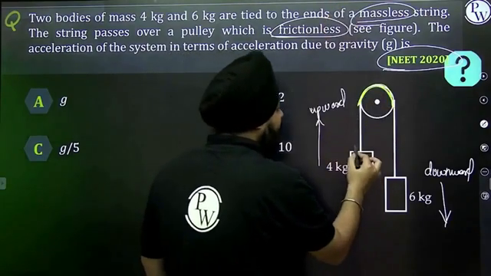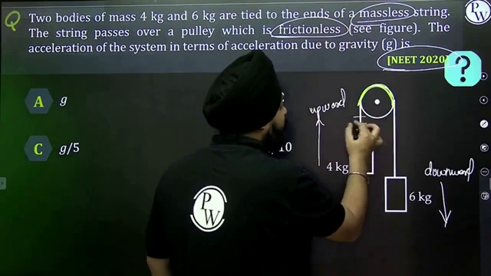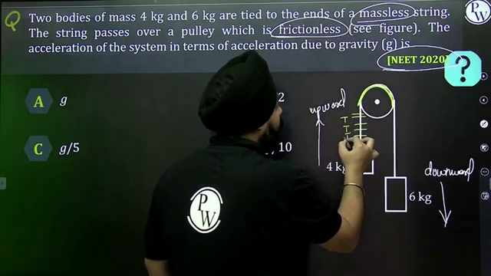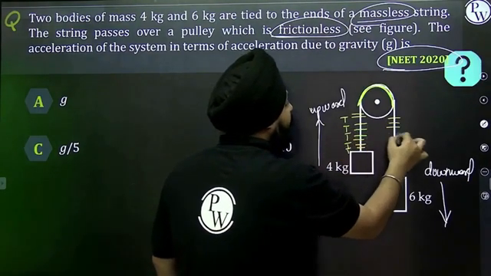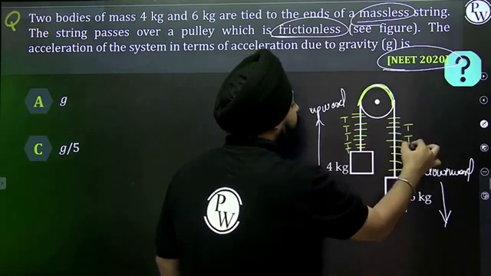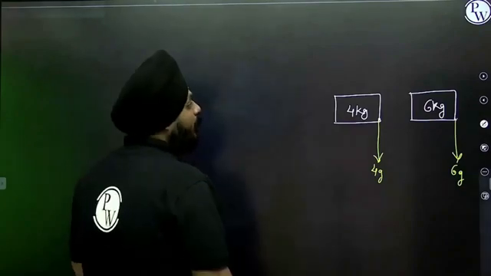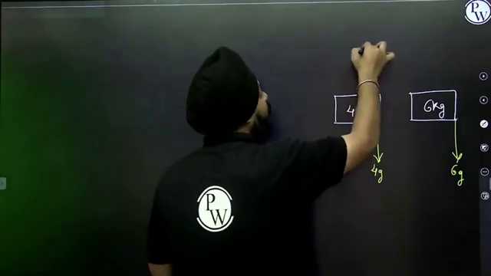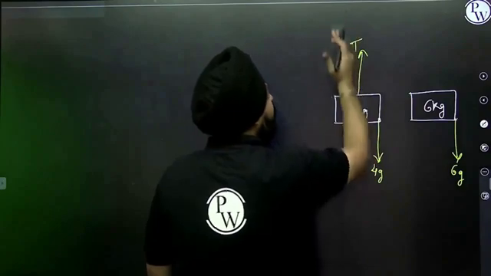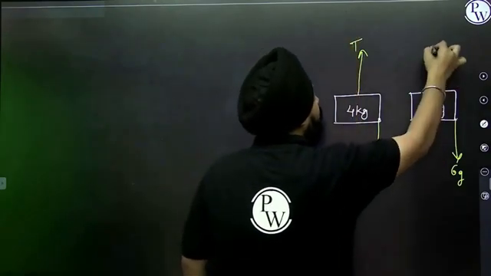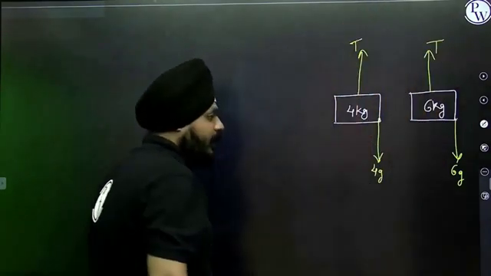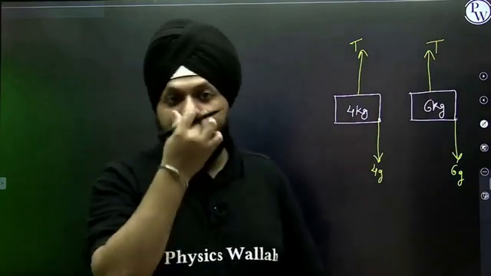The string is massless, which means tension at each point on the string will be the same, as I told you before. It is a pulling force. So for 4 kg, it will be pulled in the upward direction. For 6 kg, it is also pulled in the upward direction. Tension is a pulling force.